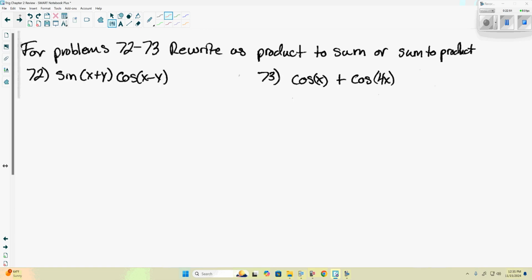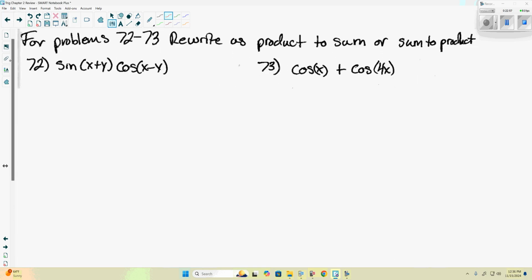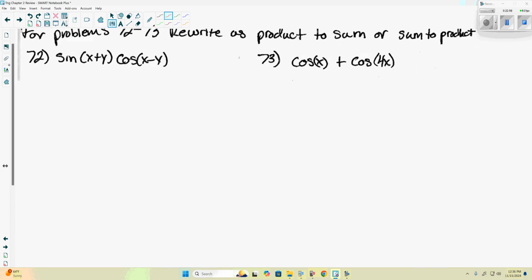Question on 72 or 73? 72. Sine of x plus y times cosine of x minus y. This here is our product to sum identity. Sine comes first, cosine comes second.